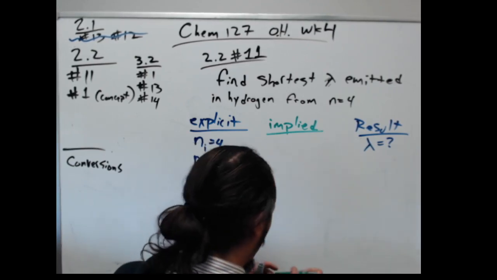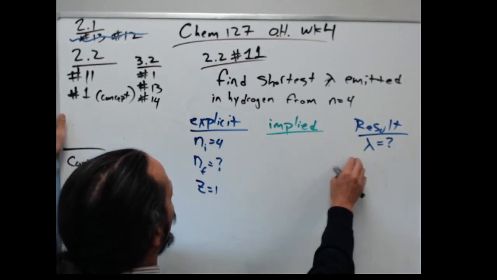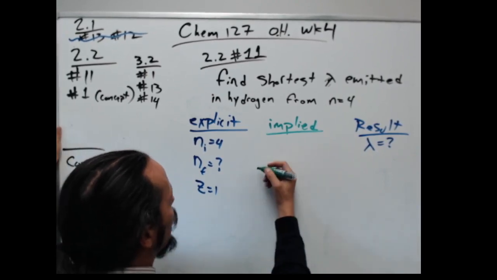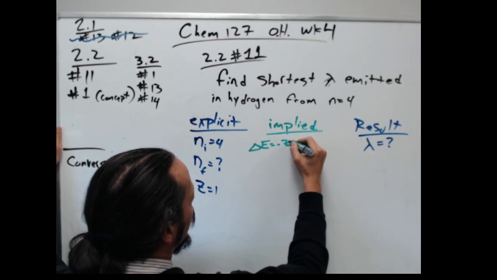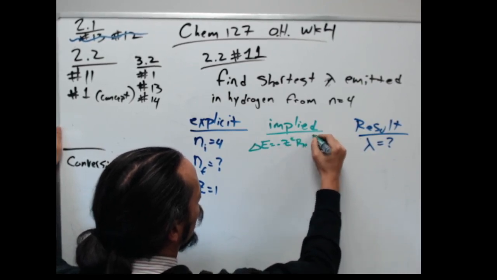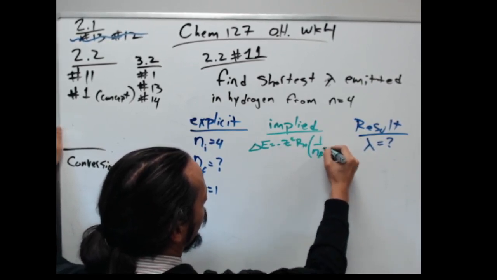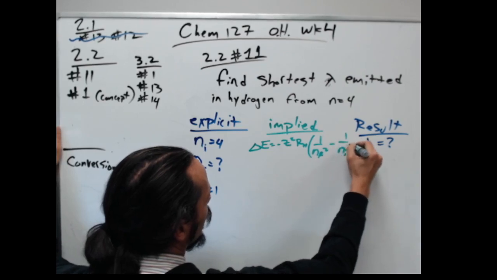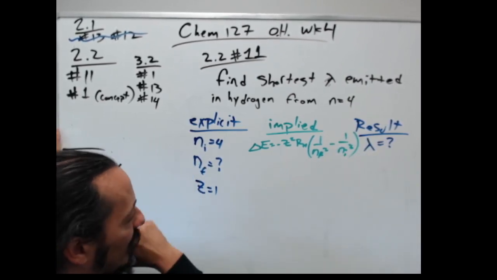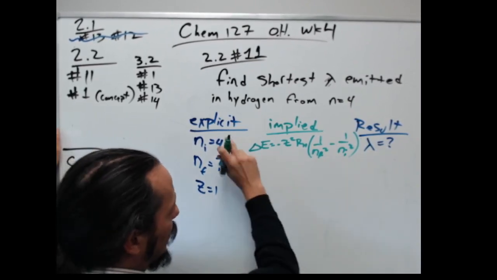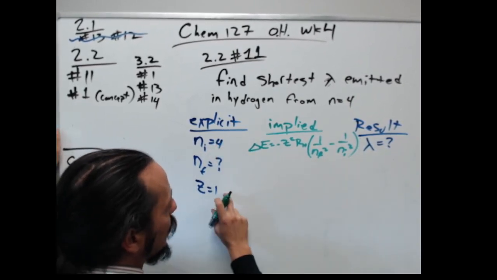So before we do that, I've got wavelength, I've got 2 n values. Whenever I've got 2 n values, I'm probably using delta E equals negative Z squared R_H, 1 over n final squared minus 1 over n initial squared, that thing. I've got my n initial, it's 4. I've got my Z, it's 1.